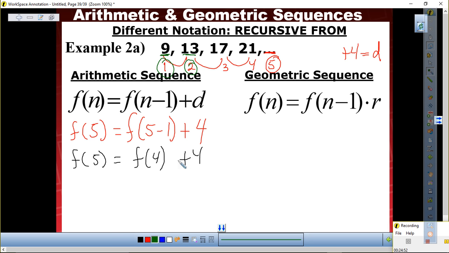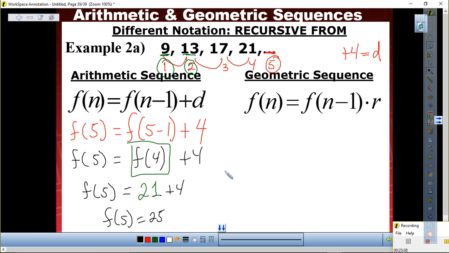What is F of 4? I bring this down, and I bring this down. Therefore, F of 5 is 25, and that goes right here. Let's see if it works. Plus 4, plus 4, plus 4, yep, and that works. And that's how you do those.